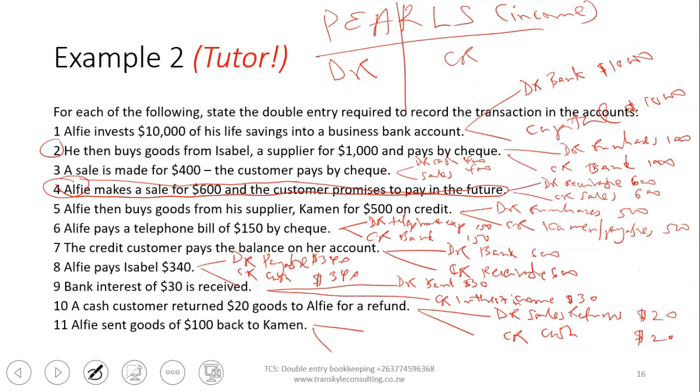Now, before we go to the template, let us know what happened between Alfie and Carmen. If you go to note 5, Alfie then buys goods from his supplier Carmen for $500 on credit. So this was a credit transaction. So the purchase returns is applying to a credit transaction. So let us see what's going on.